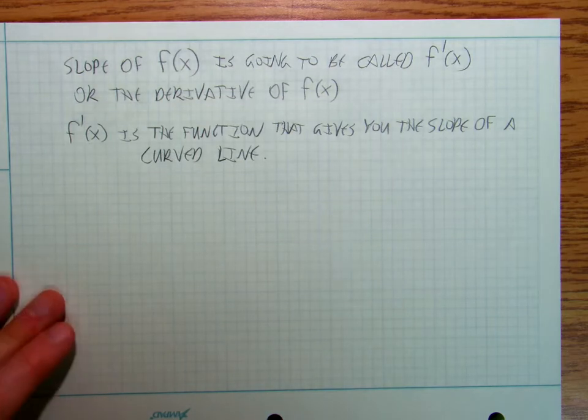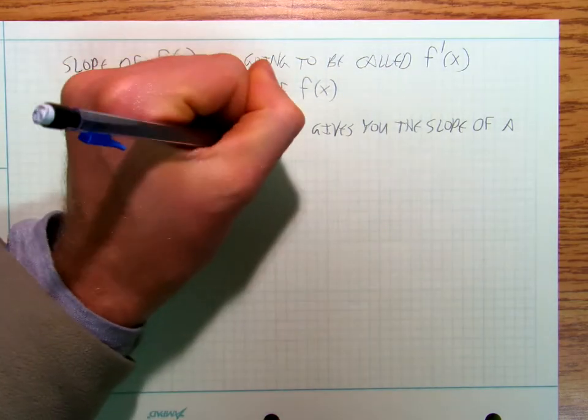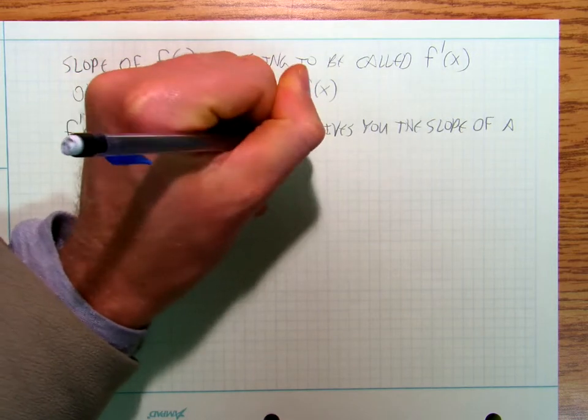They said f prime of x is the function that gives you the slope of a curved line, f of x.